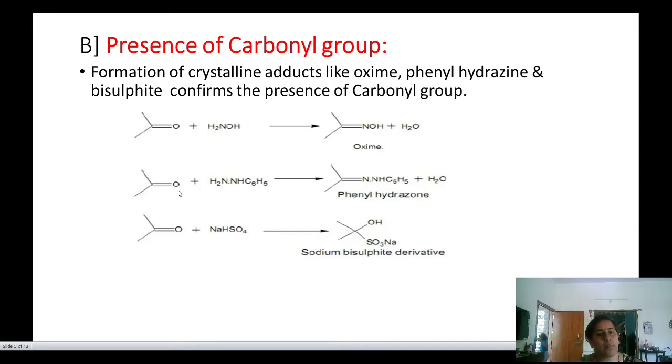If the carbonyl compound reacts with phenylhydrazine, there is formation of a phenylhydrazone. And if the compound containing a carbonyl group reacts with sodium bisulfite, there is formation of a sodium bisulfite derivative. Any one of these products or adducts confirms the presence of a carbonyl group.